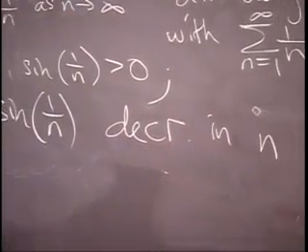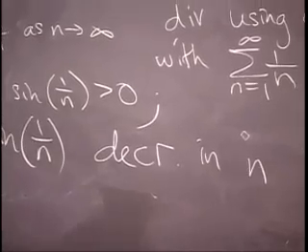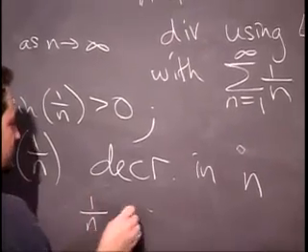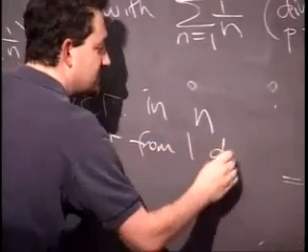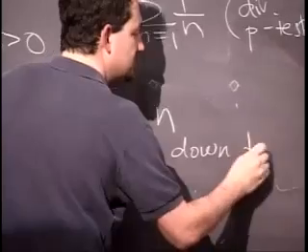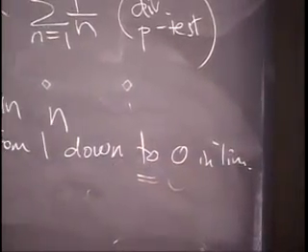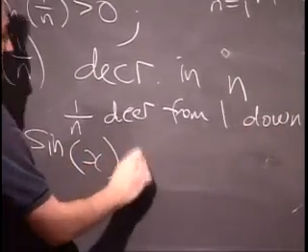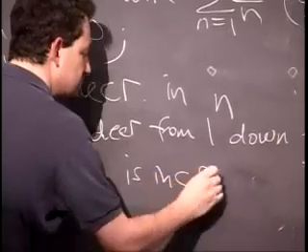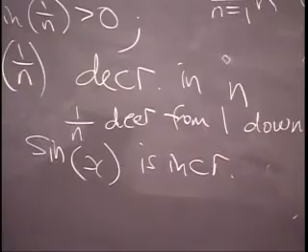I say clearly, but if you really want to justify it, and it's not a bad idea, notice that 1 over n is decreasing from 1 down to 0 in the limit, and sine of x is increasing, so sine 1 over n is decreasing.